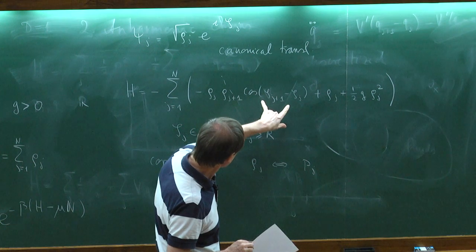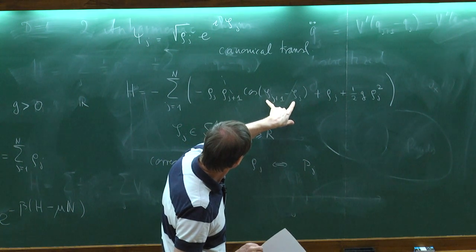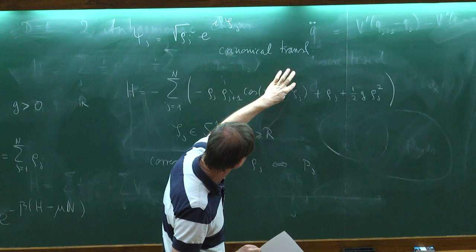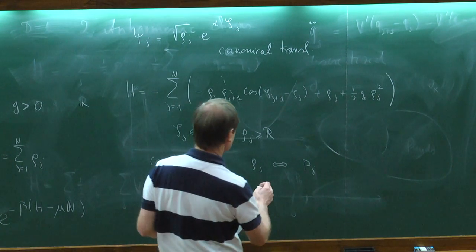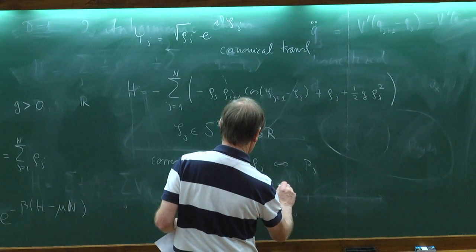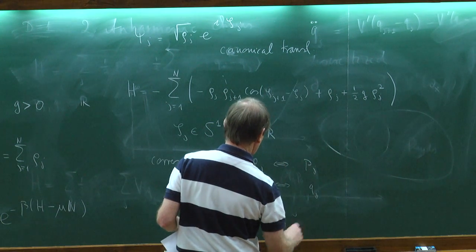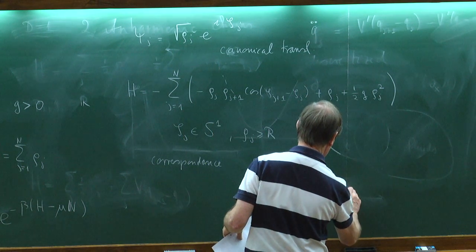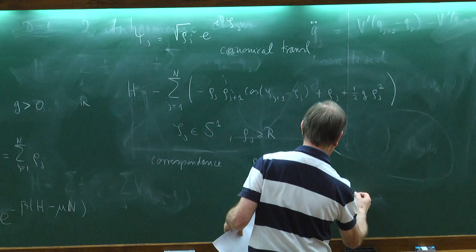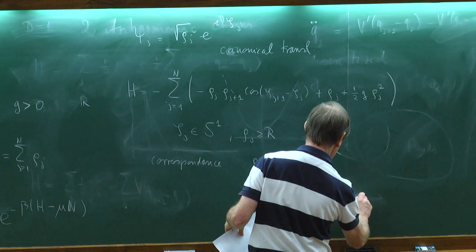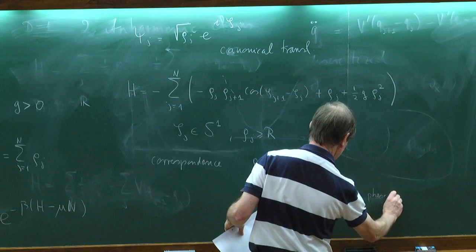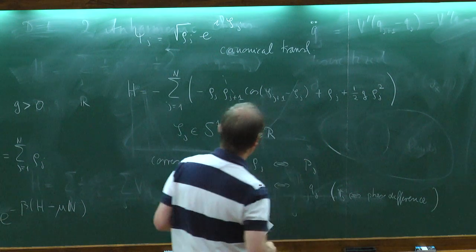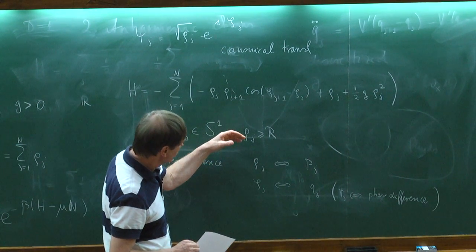The phi j is similar to the qj, because this is the way the positions entered into the anharmonic chain: qj plus 1 minus qj. So the phase difference would correspond to that.